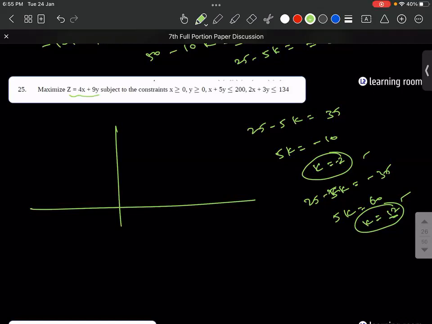See, x plus 5y is less than or equal to 200. x is equal to 0, y is equal to 40. So 0, 40. y is equal to 0, x is equal to 200.